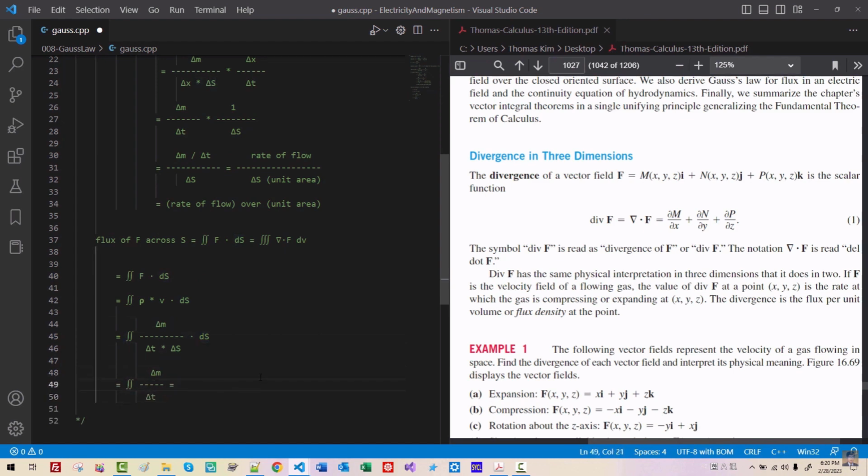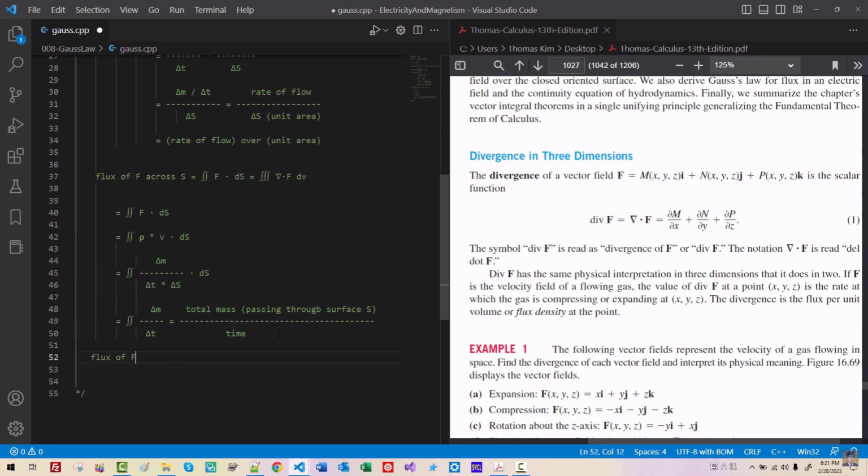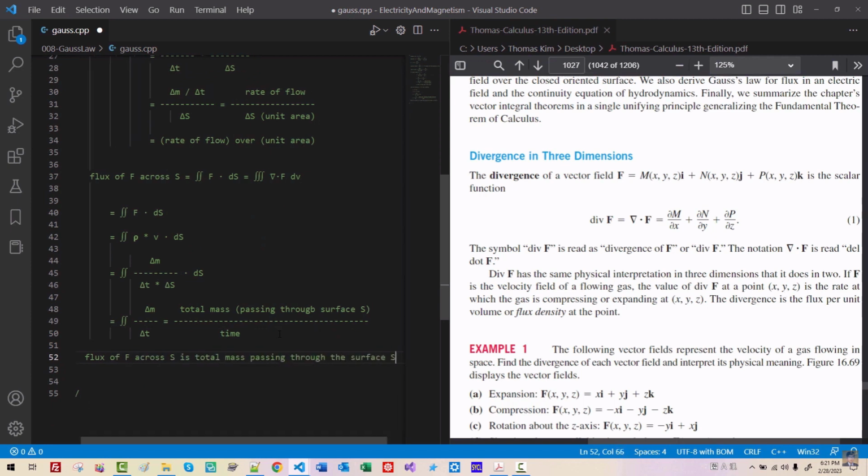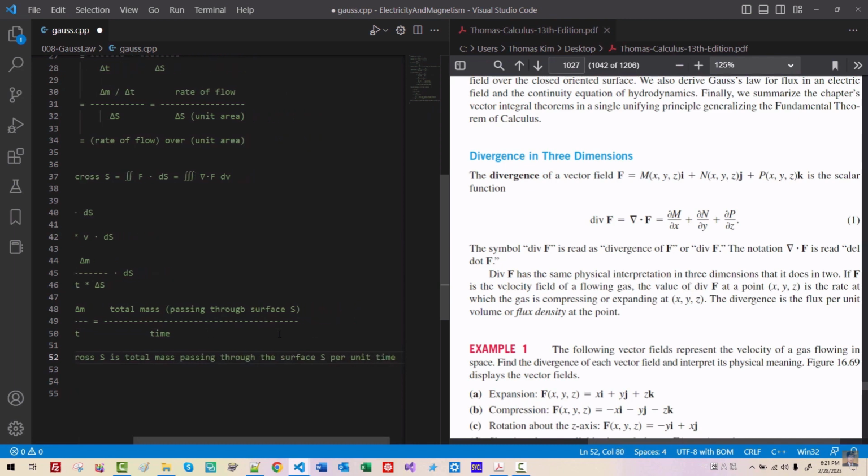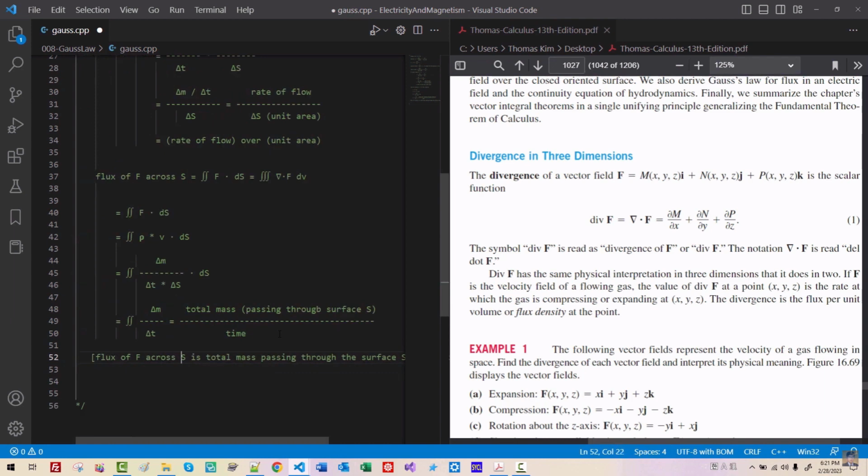From this, we can say delta m is the total mass over time passing through surface S. So this is our conclusion: the flux of F across S is the total mass passing through the surface S per unit time.